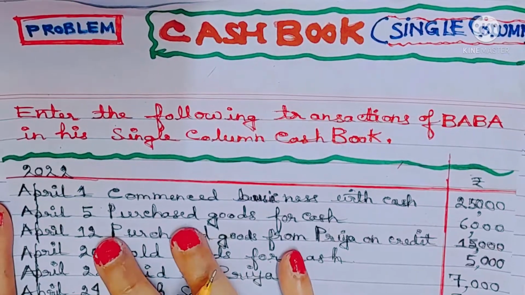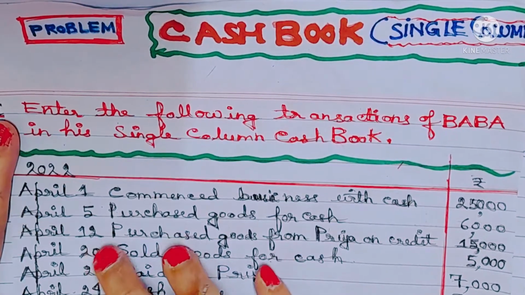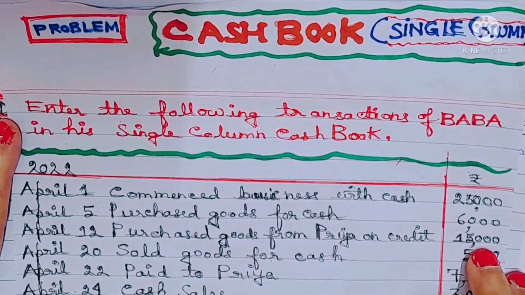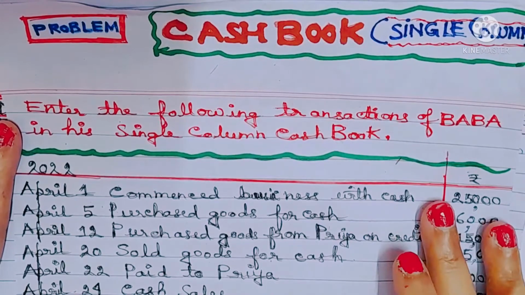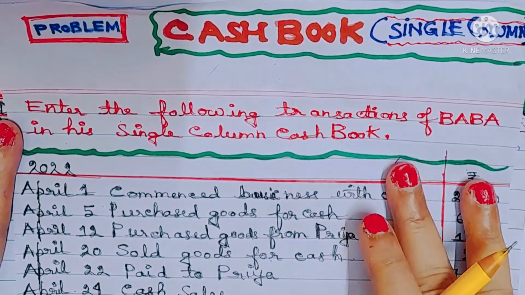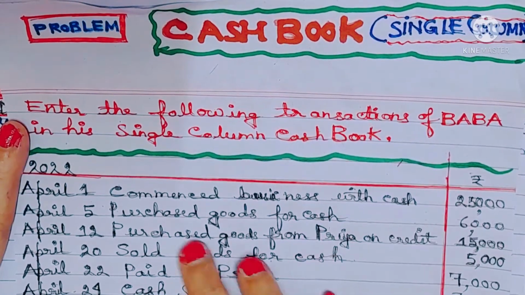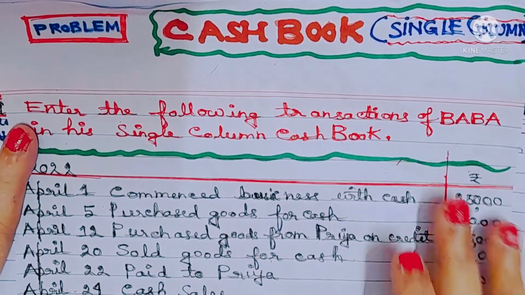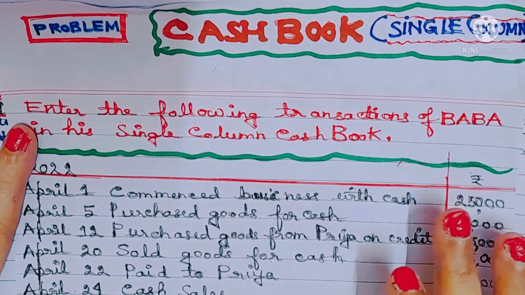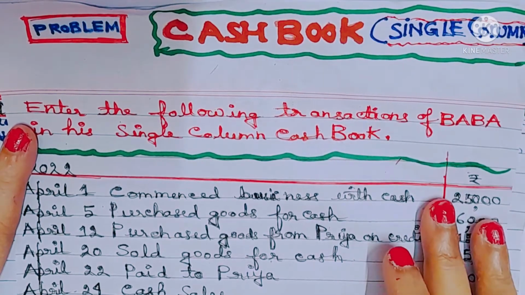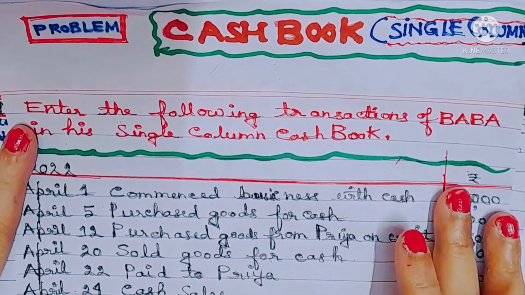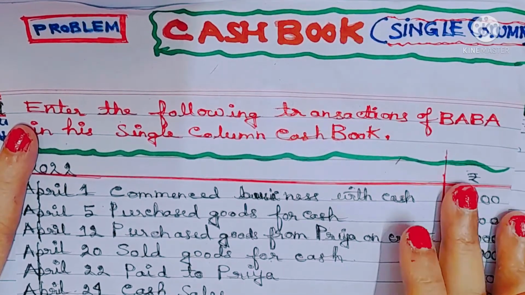The next transaction is on 12th April, purchase goods from Priya on credit 15,000. But cash book only records cash transactions and no credit transactions. So this transaction will not appear in the cash book, be it a single column or a double column or a triple column. Instead, we'll have to write a short note below the cash book. Okay, so how to write a short note?